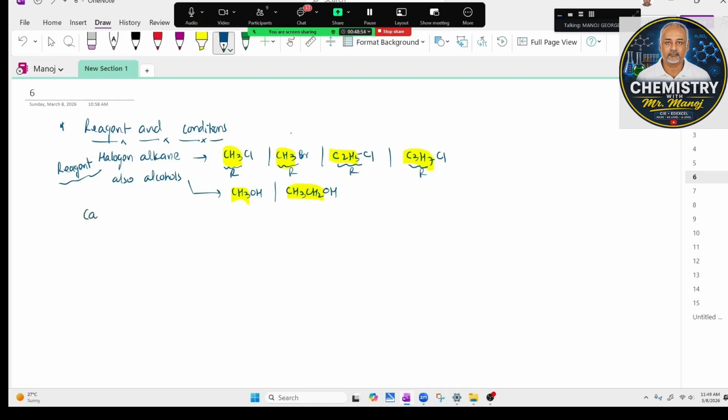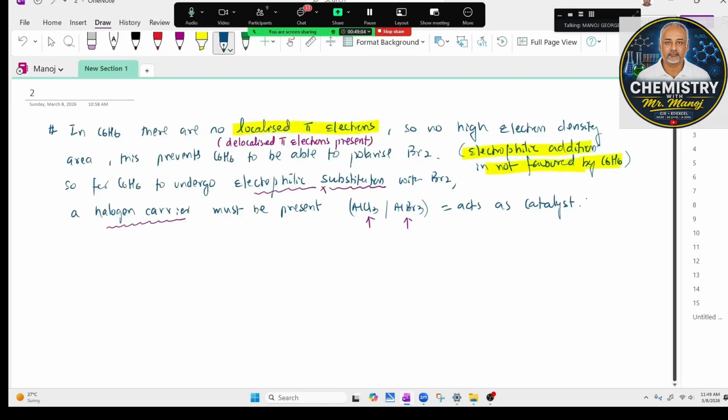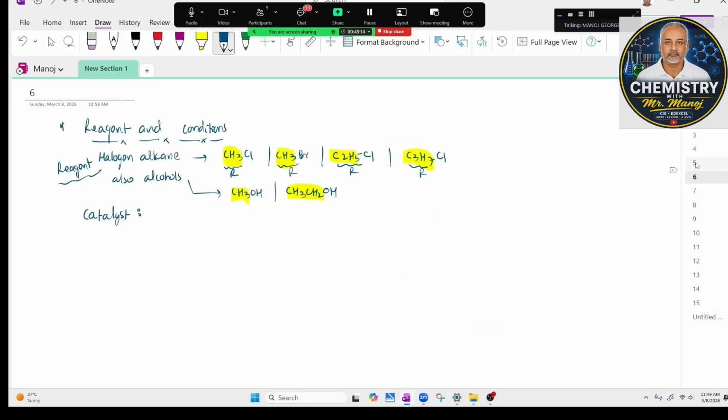I need a catalyst. Remember, anytime benzene does electrophilic substitution and you want to put a halogen on the benzene ring, we discussed this this morning, you need a halogen carrier to act as a catalyst. So I can use AlCl3. Please memorize this.